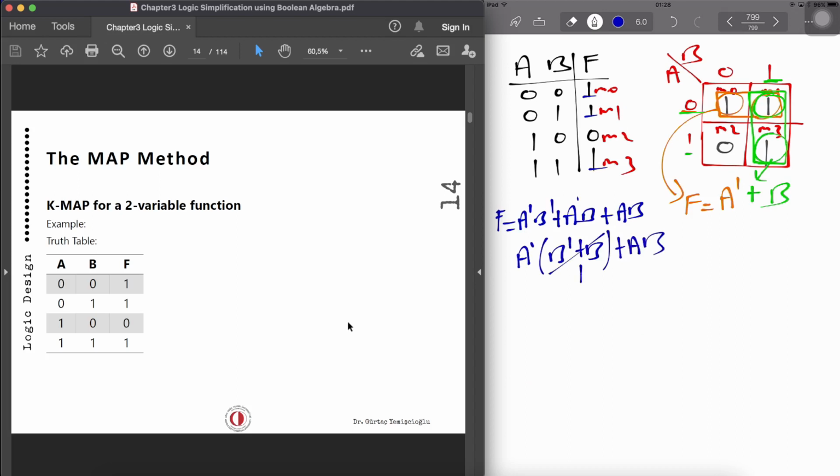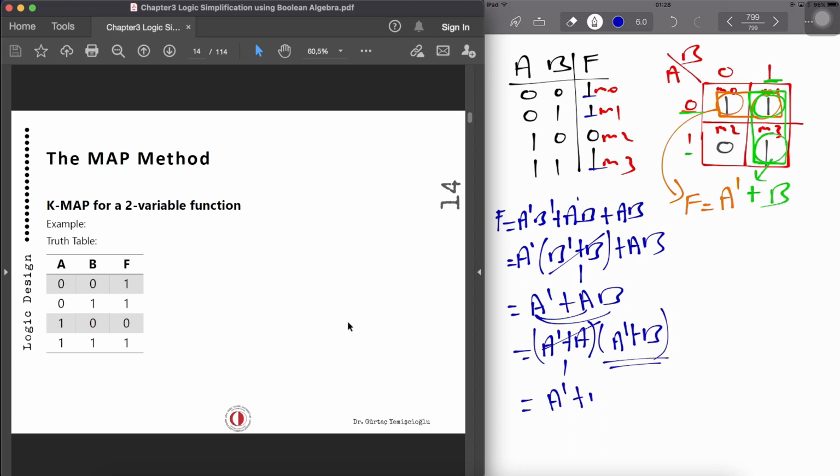B prime plus B is 1. Then I have got A prime plus AB. And I can multiply that out: A prime plus A, times A prime plus B. This is gone as it is 1, and I ended up with A prime plus B.